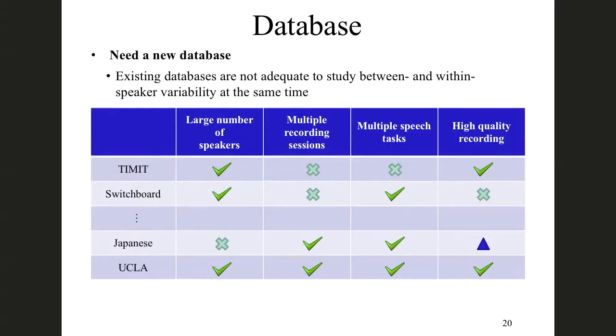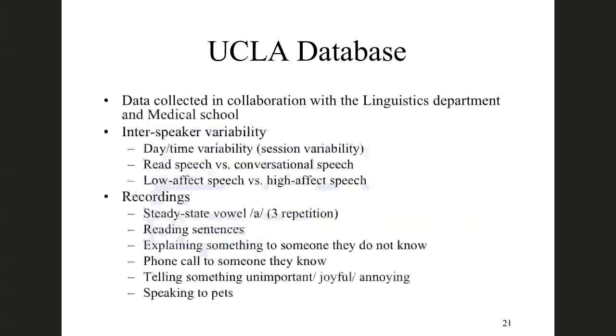And we recorded them saying different utterances. For example, we changed the time and day when the speech was recorded, low affect versus high affect speech. Because most of the databases that exist out there are usually either actors acting out emotion, or you would have angry speech, but you don't have a reference for that person.